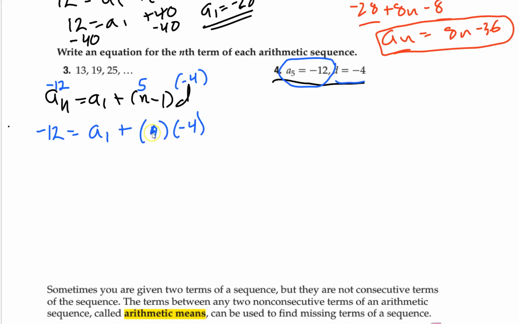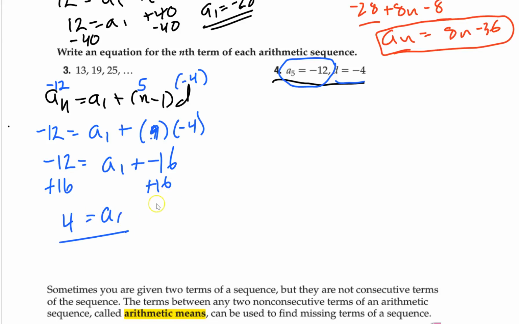So now we have A1 plus negative 4 times 4, which is negative 16. Get A1 by itself. Plus 16, plus 16. A1 equals 4. So now I have my A1.